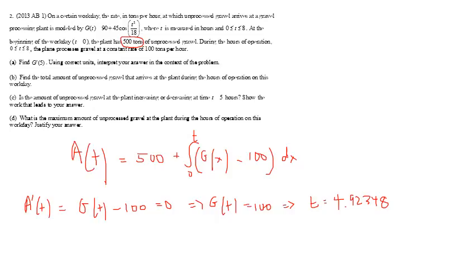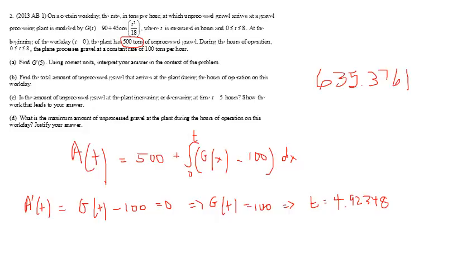And then at the critical point, the amount of gravel is 635.3761. So make sure that you can type that in and get that. That was for the critical point, t equals 4.92348.